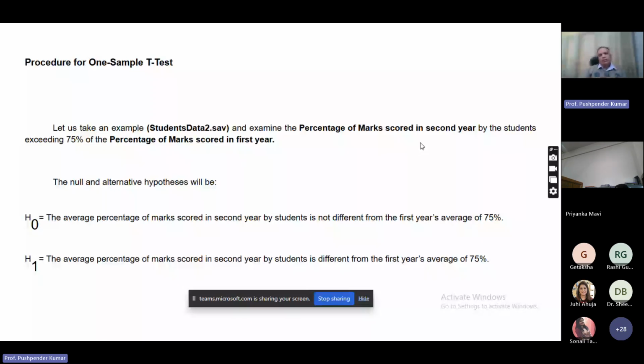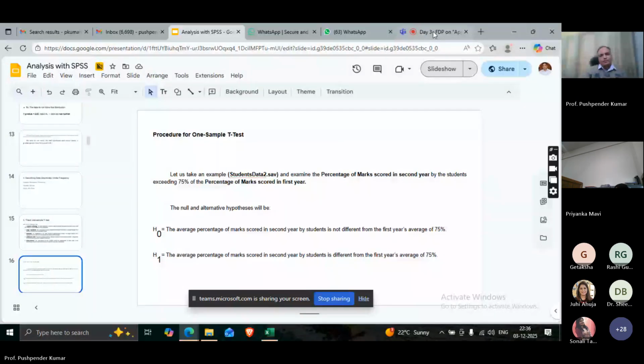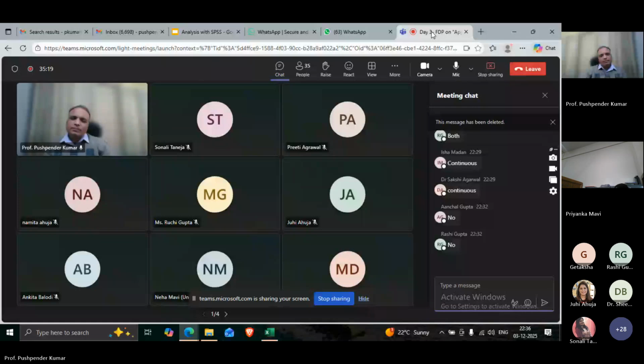Is it the right example I have mentioned here? Tell me, is it the right example of a one sample t-test? Yes or no? Tell me quick, everybody.